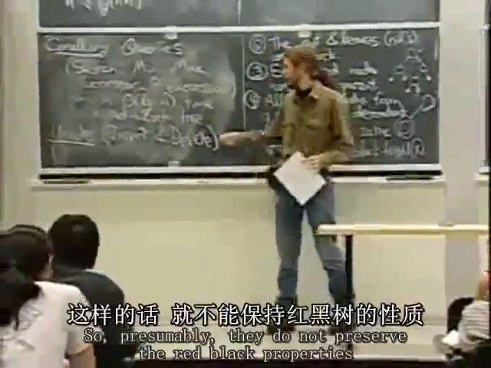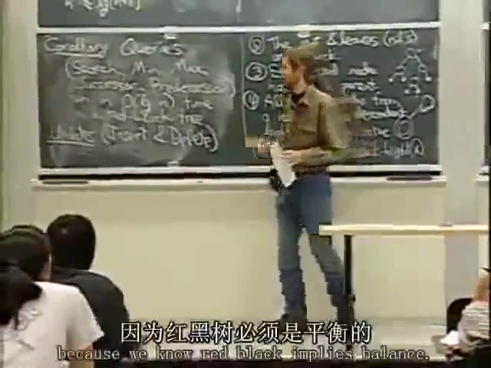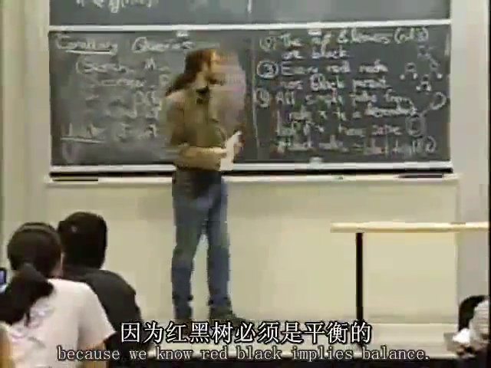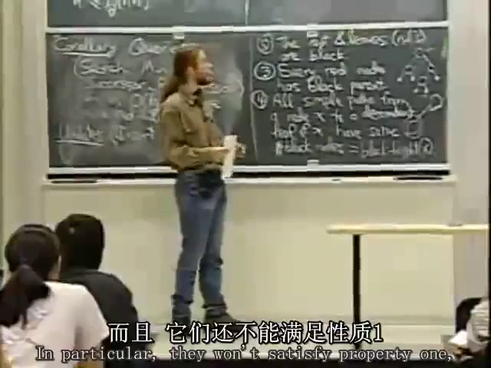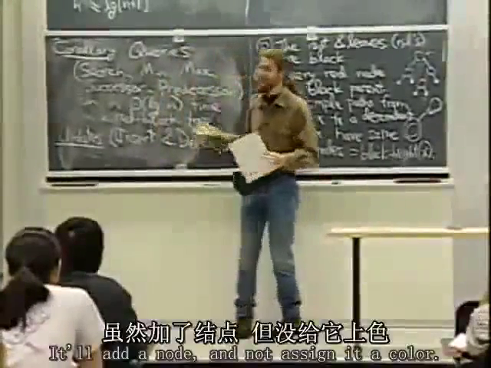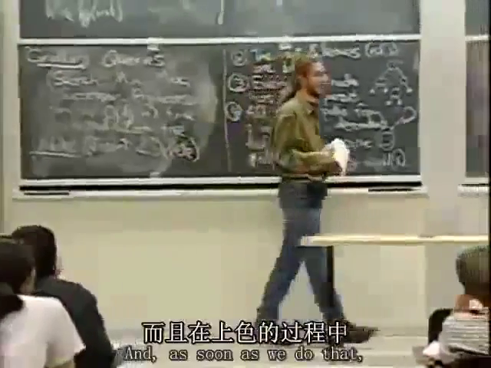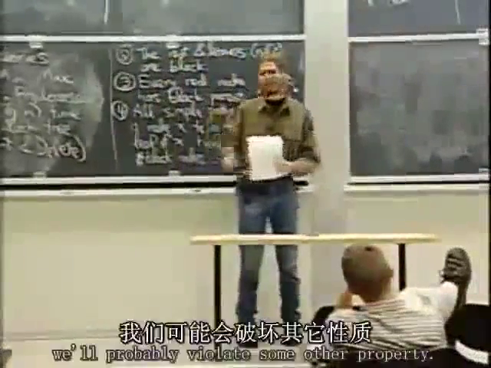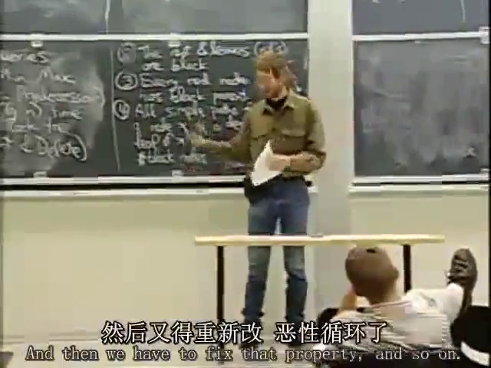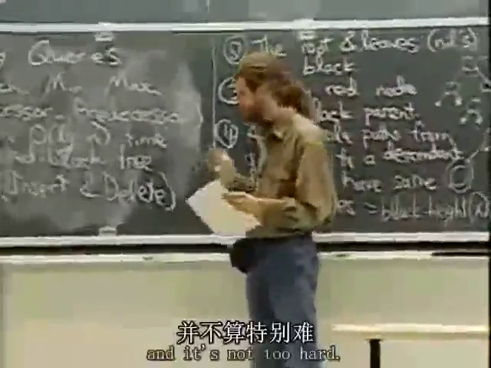So presumably, they do not preserve the red-black properties, because we know red-black implies balanced. In particular, they won't satisfy property 1, which I've erased, which is every node is red or black. It'll add a node and not assign it a color. So we've got to assign it a color. And as soon as we do that, we'll probably violate some other property, and then we have to fix that property, and so on. So it's a bit tricky, but you play around with it, and it's not too hard.